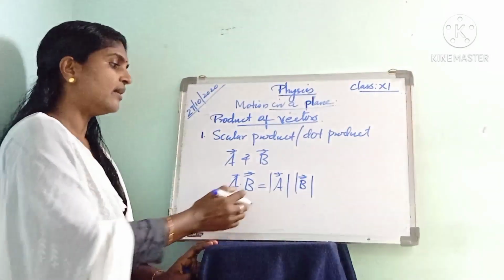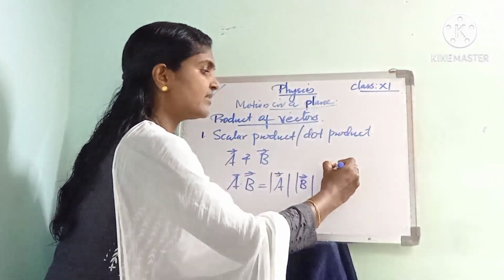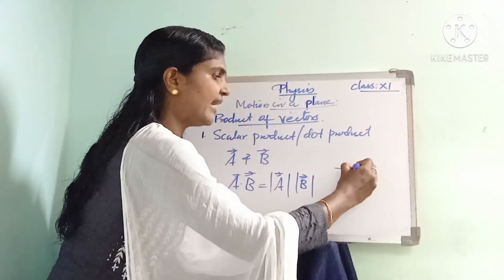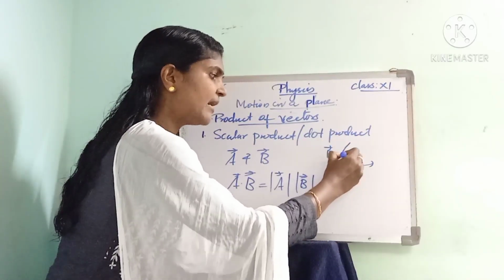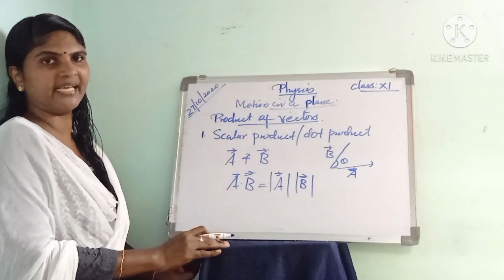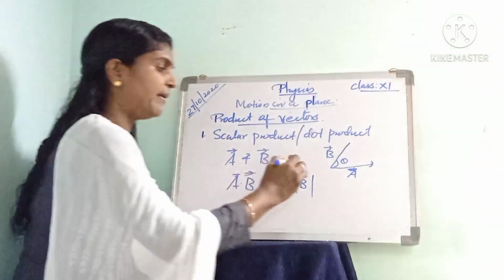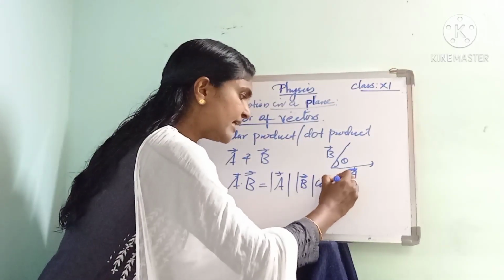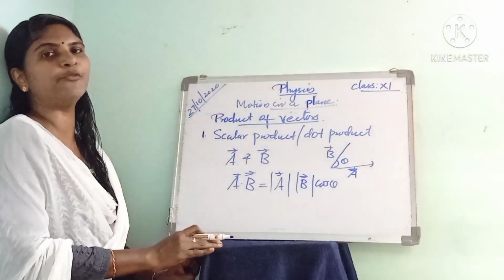Next we have to write the cosine of the angle. Suppose this is vector A and this is vector B. Let theta be the angle between these two vectors. Then we take the cosine of this angle, that means into cos theta, where theta represents the angle between the two vectors.